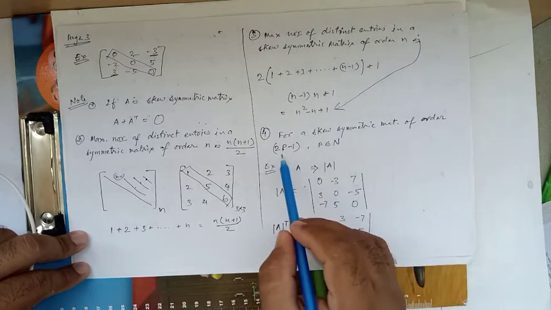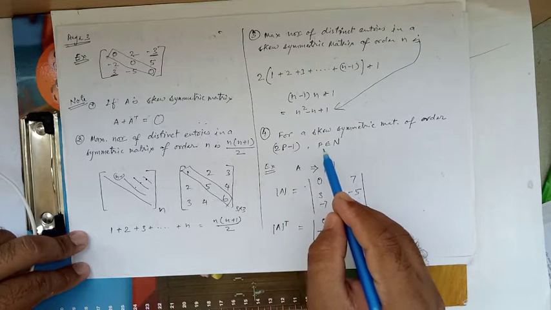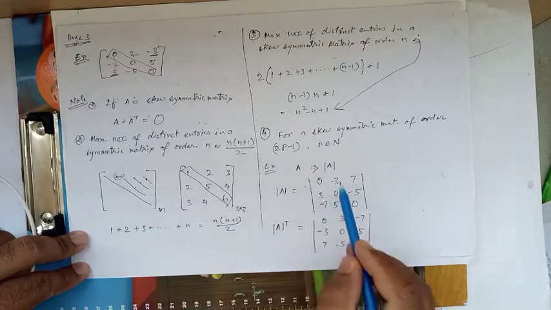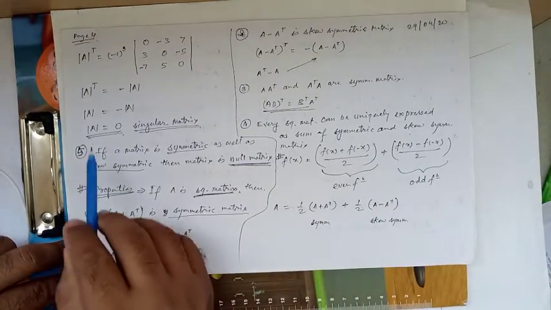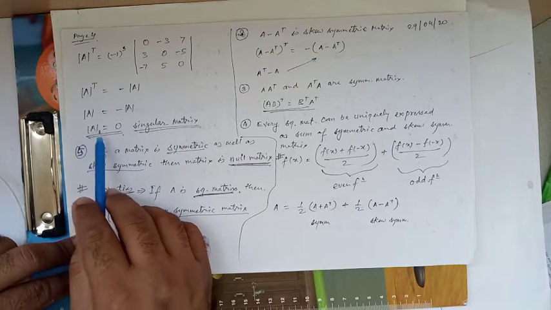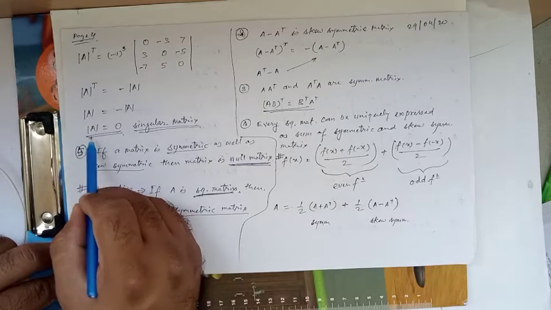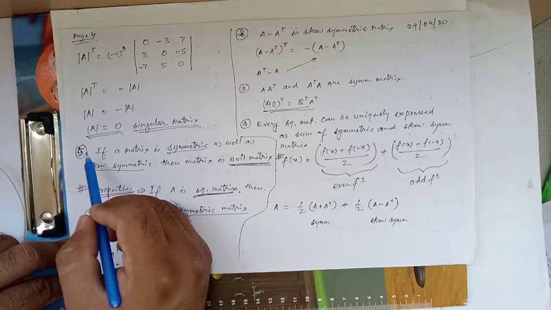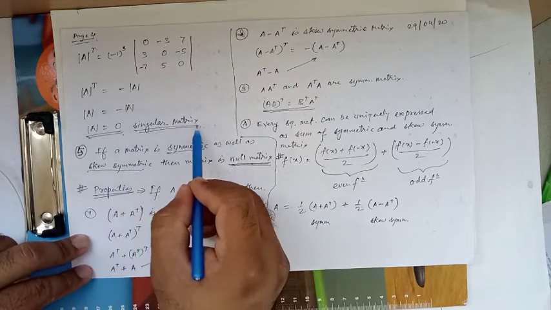For a skew symmetric matrix of order 2p minus 1, where p belongs to natural numbers, we have seen how the determinant of that particular matrix will become 0, and the matrix which we have considered is known as a singular matrix.